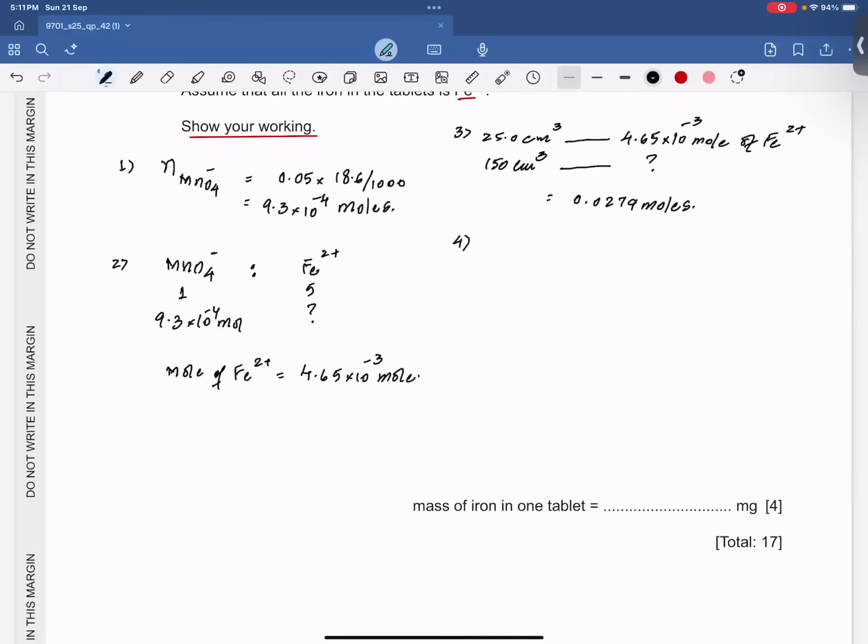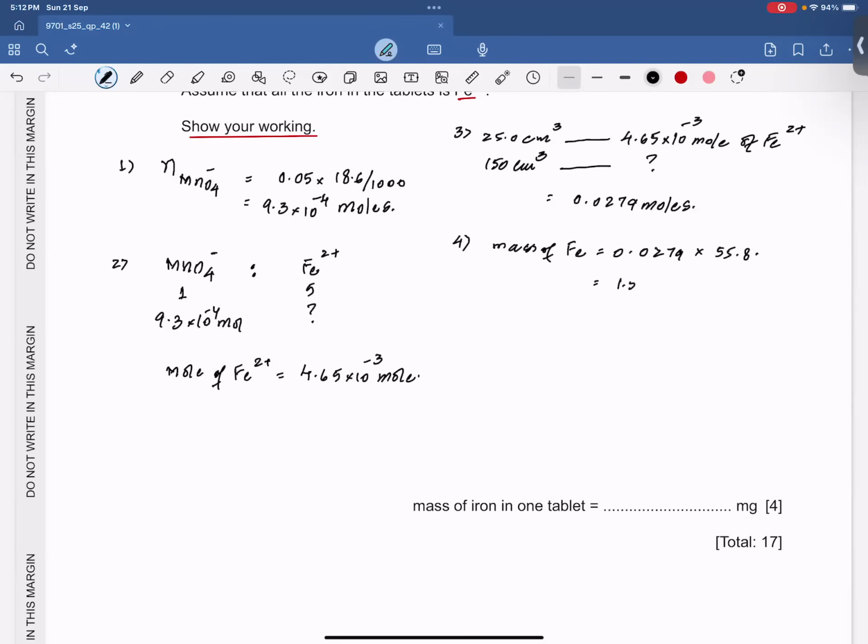In the next step, I'm going to get the mass of iron. So I'm going to use moles, 0.0279, times the mass of iron, which is 55.8.